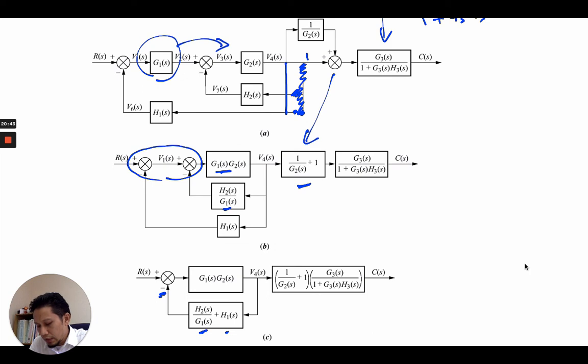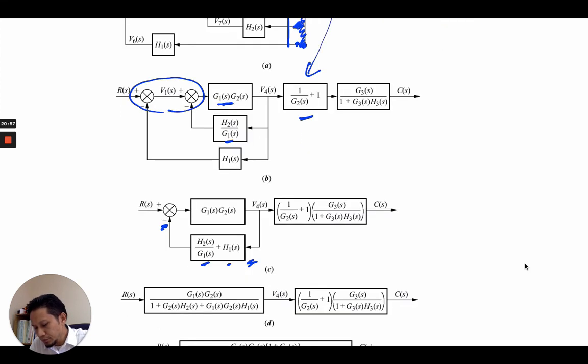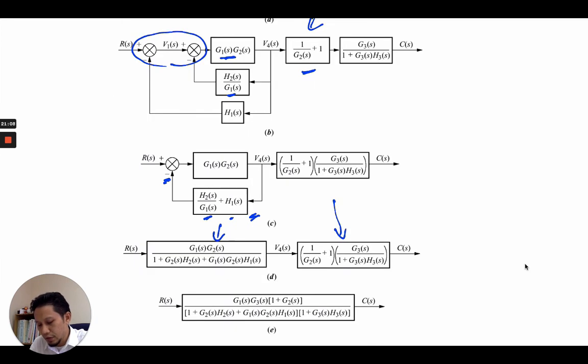And then this becomes very familiar. So this is actually a feedback block diagram. So we can solve this feedback block diagram here to this form, and then we have this is the original one, and then we have a simplified version, a cascade or series version of block diagram.